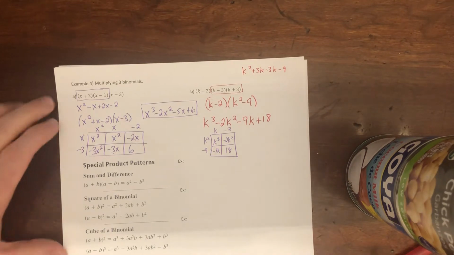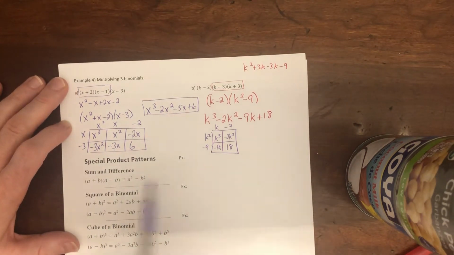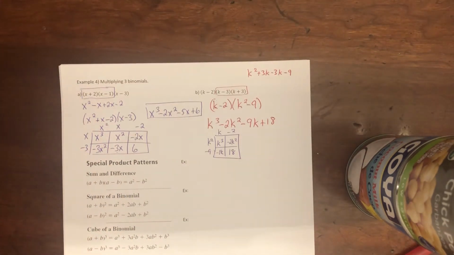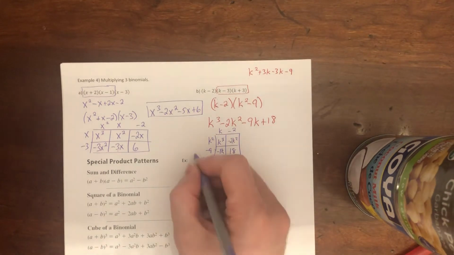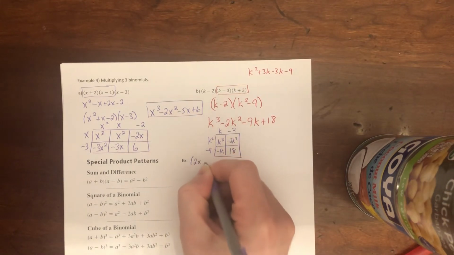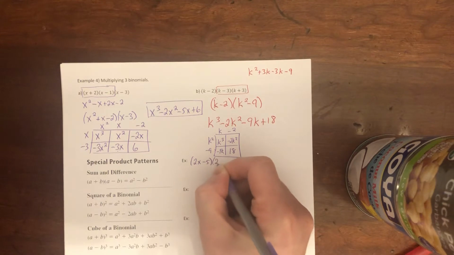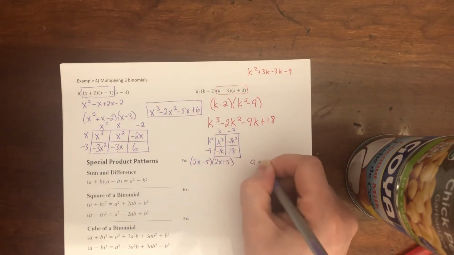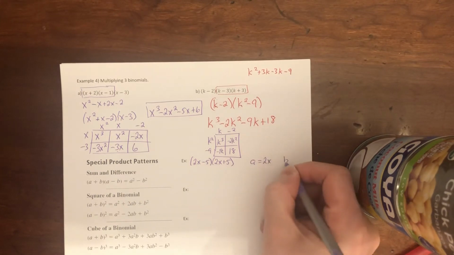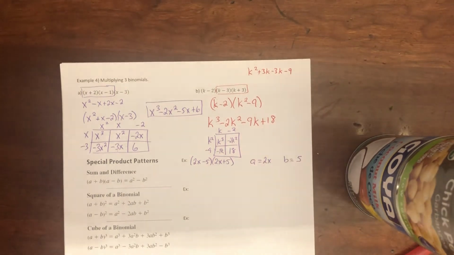So, what we're going to talk about next is some special product patterns. If we have certain cases, we can actually realize what's going to happen if they write this as a binomial, or our different patterns. We have the sum and difference formula. That's what we just talked about here. So if I said, I don't know, 2x minus 5 and 2x plus 5, our A in this case would be 2x and our B would be 5.